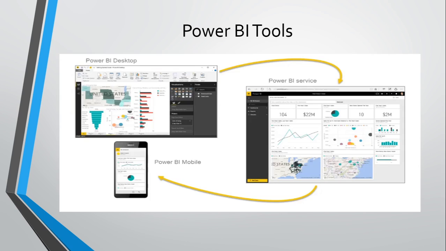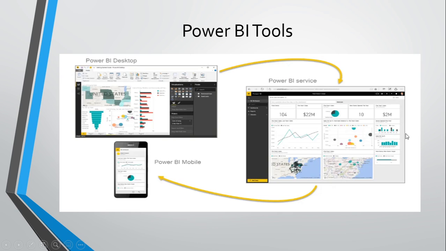Then you can pause the video and have a quick look at this user interface. You can see the Power BI desktop. This is the user interface of Power BI desktop, where the developer can create a report. Once the report is finalized and created without any errors, it will be published in the Power BI service.